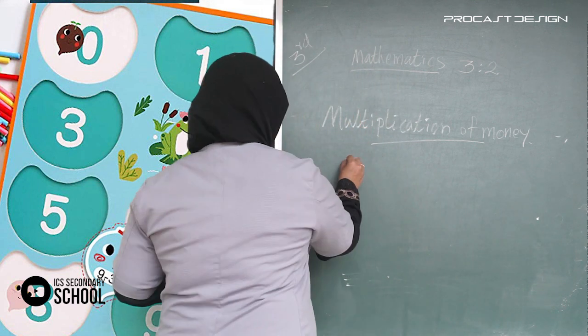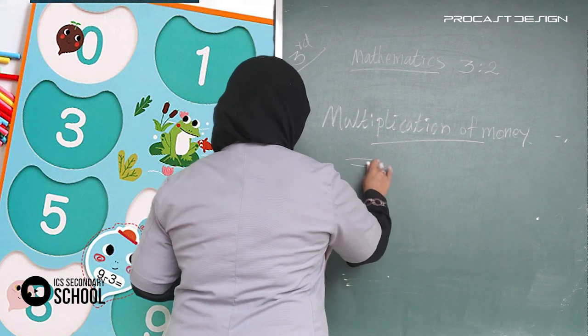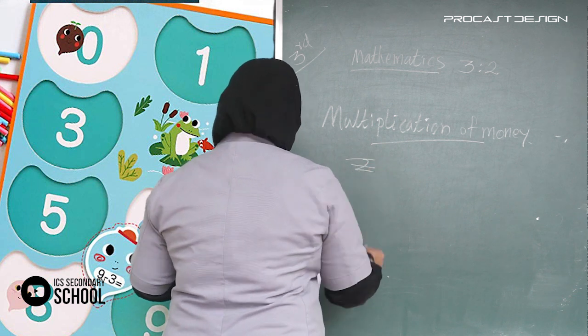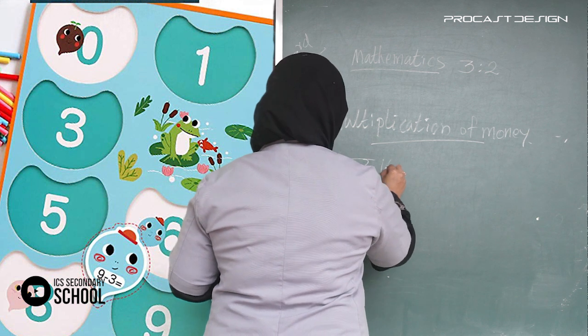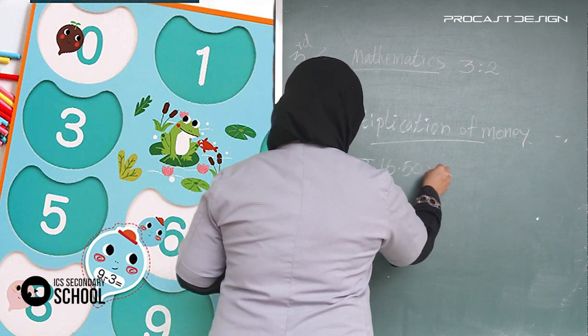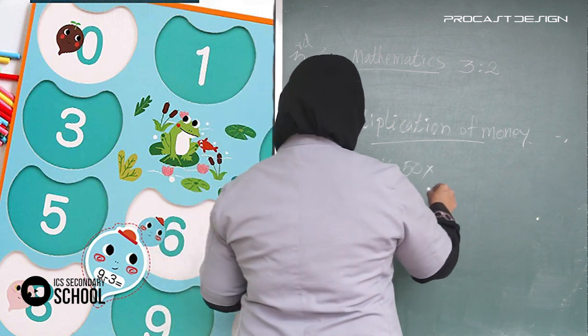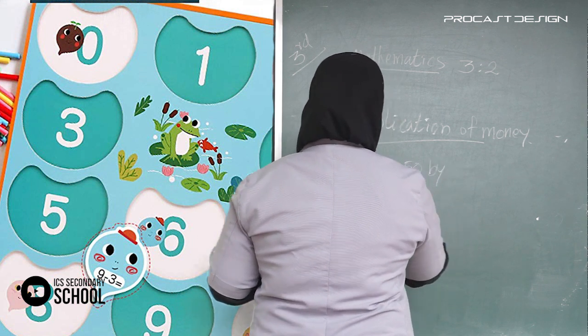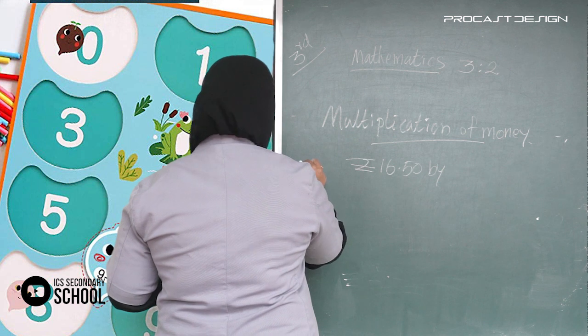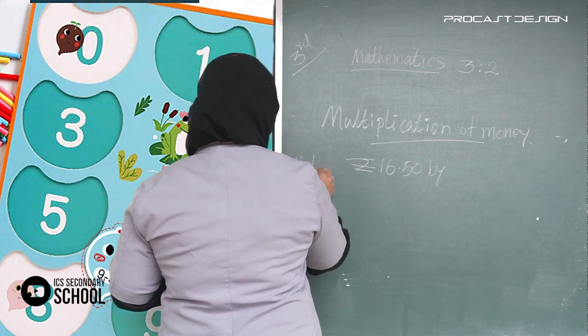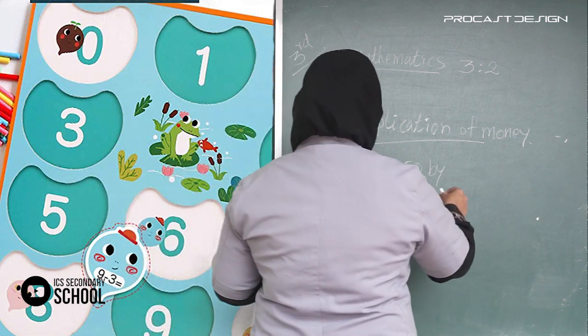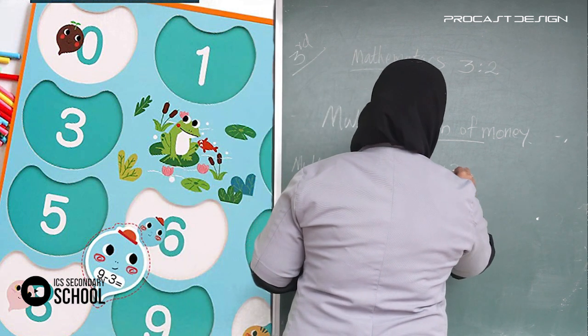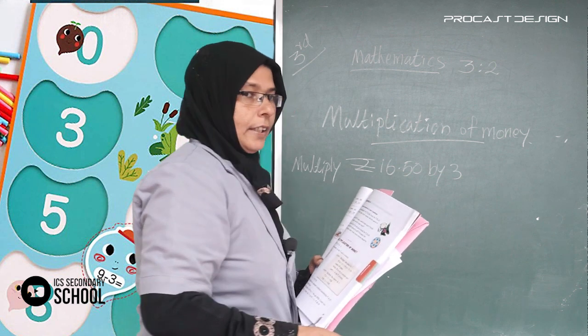Multiply rupees paise by 3. Multiply by 3. All of you listen carefully.